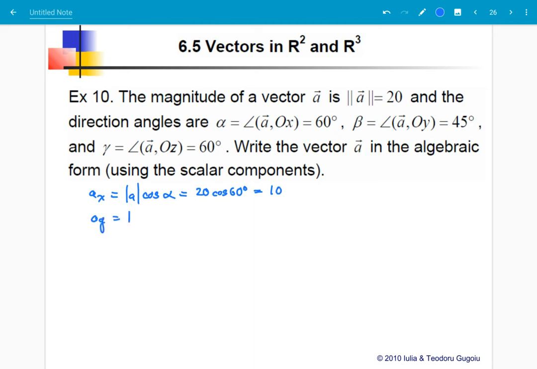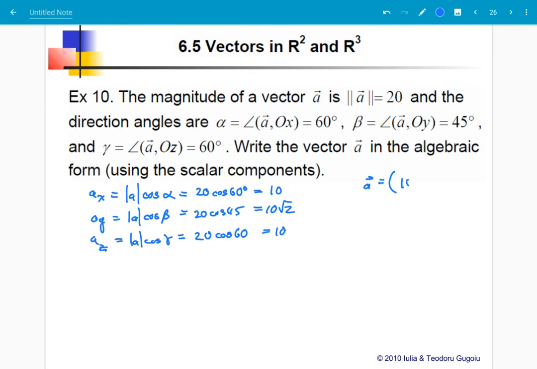A sub y is A cos beta, 20 times the cos of 45, and that's 10 root 2. A sub z, the magnitude of A cos gamma, 20 cos 60, which is again 10. So in component form, we have 10, 10 root 2, and 10.